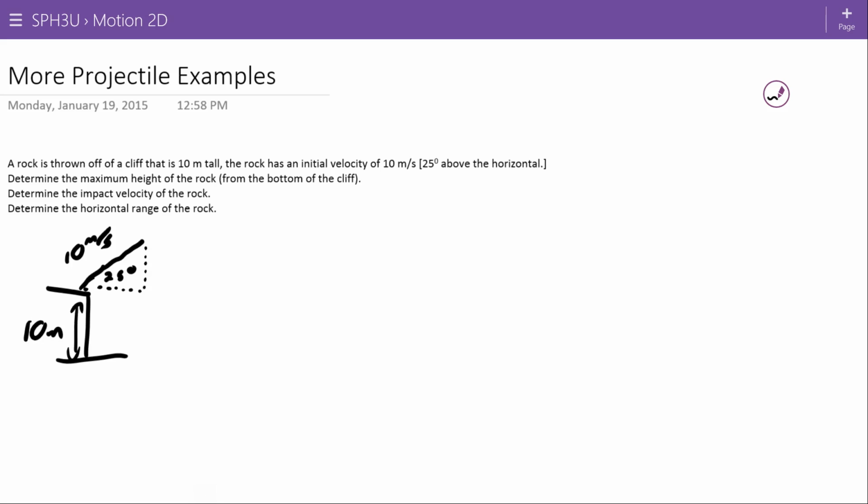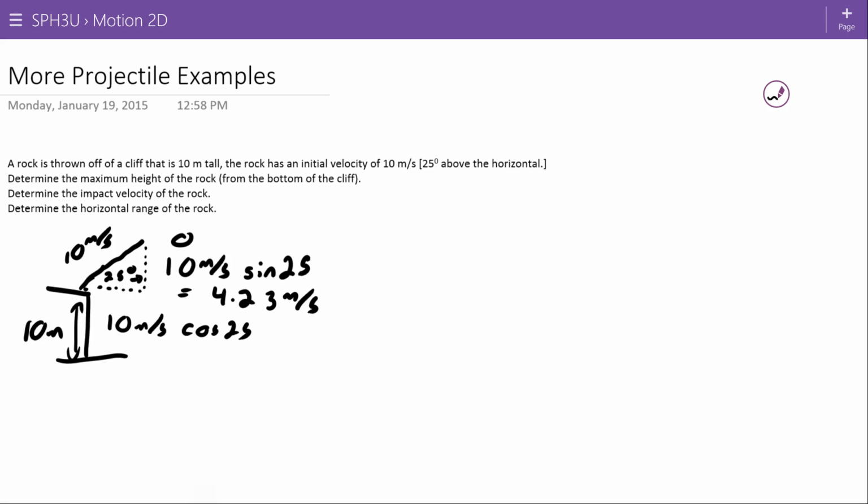So let's divide that 10 meters per second into its components. 10 meters per second sine 25, because this is the opposite side, is 4.23 meters per second, and 10 meters per second cos 25, this is the adjacent side of the triangle, 10 cos 25, is 9.06 meters per second. So now we can divide up our vertical and horizontal information.